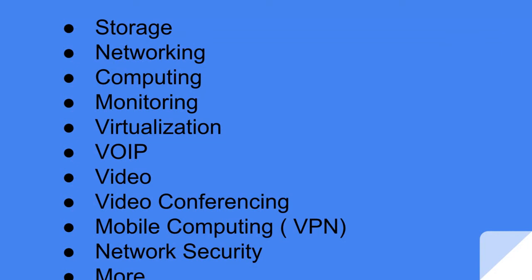And finally, we're going to deal with network security, which is a very big topic. It's relatively nebulous. It can be as simple as firewalls and access control, things like Active Directory and LDAP, and even go further into things like video cameras, physical security for your premises, physical security for your servers.